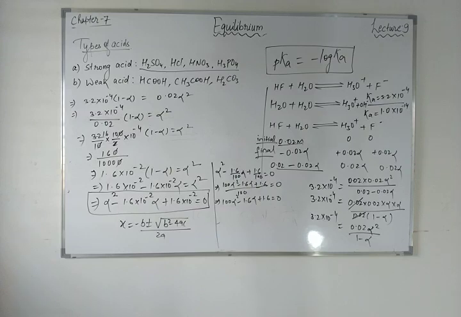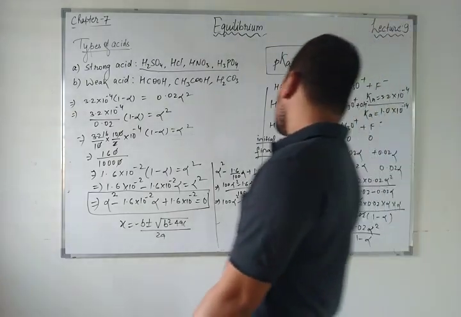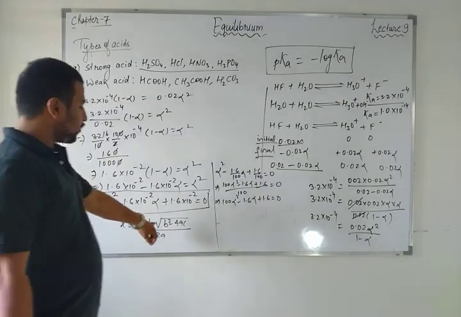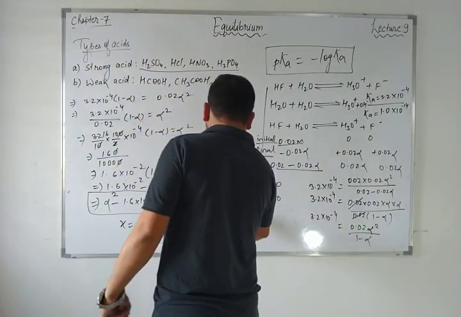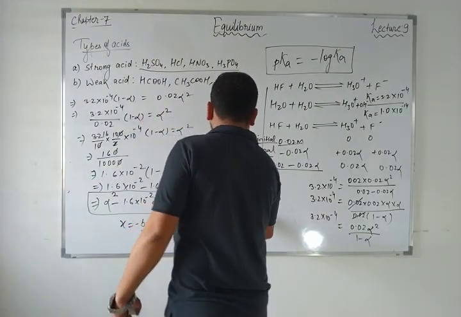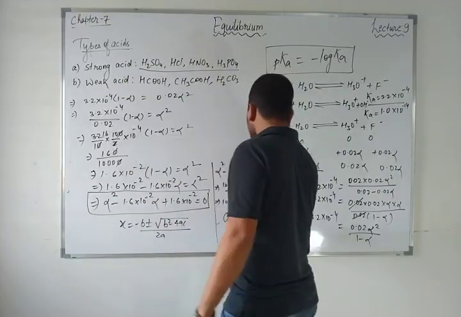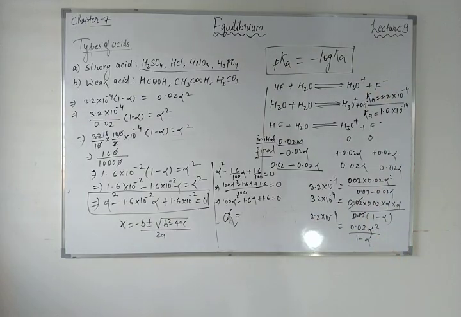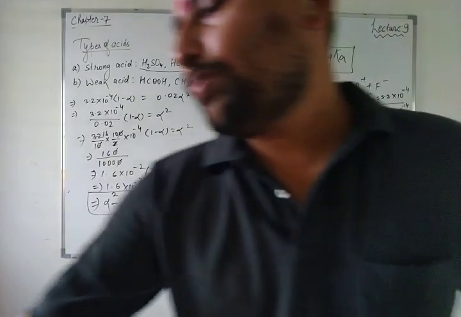So after solving, you will get, as you will calculate this value, x is equal to minus b plus minus under root b square minus 4ac. So here the value of x, or you can write here the value of alpha, instead of x here in the equation we have put alpha, right? So we can write here the value of alpha is plus minus 0.12.